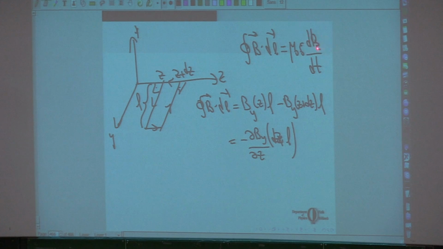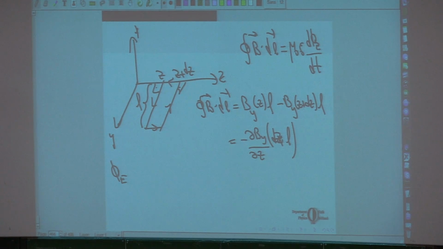The flux, the electric flux, will also contain the area. It will cancel, and I will get another relation. Now, for the electric flux, is it positive or negative? It's pointing up. This is my loop. Just wrap your fingers around the loop. So if the electric field is in this direction, in that case, we have a positive flux. Just for the sake of simplicity, we just assume the field is pointing in this direction.